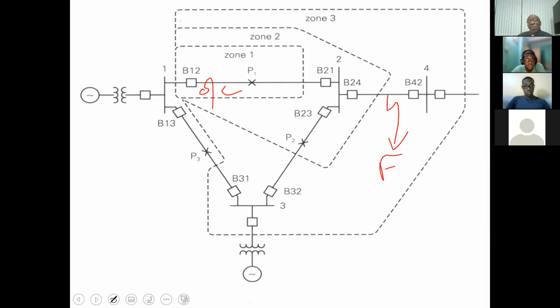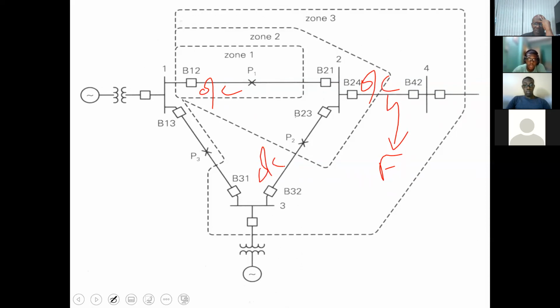It will come from both generators. Agreed? Now the next question is, if I had an overcurrent relay over here, which overcurrent relay would operate? And maybe if I had one here, which one would operate?